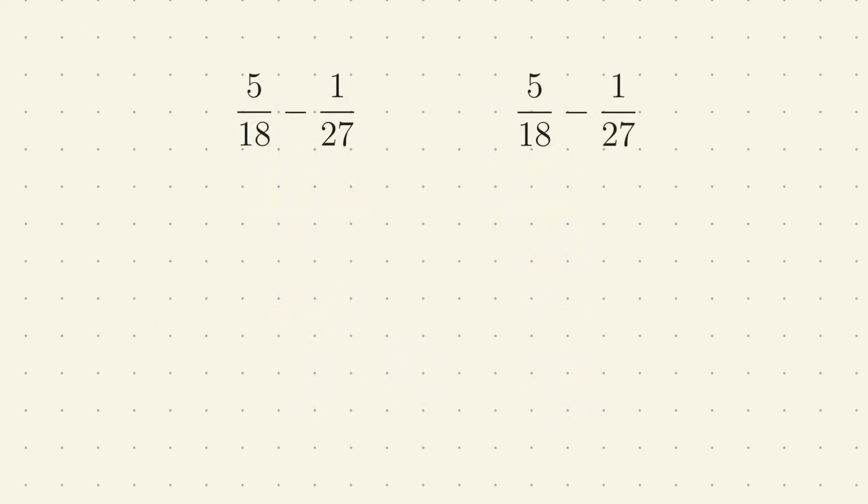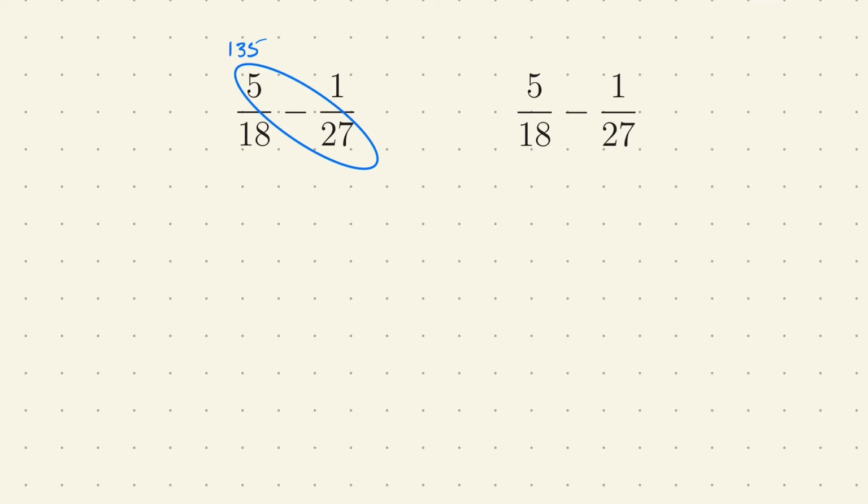All right, first we're going to do this the long way, and then we'll use the simplifying before adding or subtracting. So I'm going to take my cross multiplication in this direction. I have 5 times 27. So we have 5 times 2 is 10, and 5 times 7 is 35.